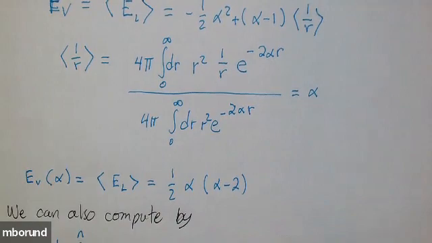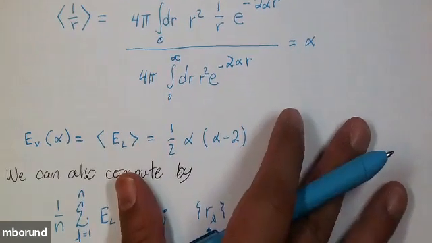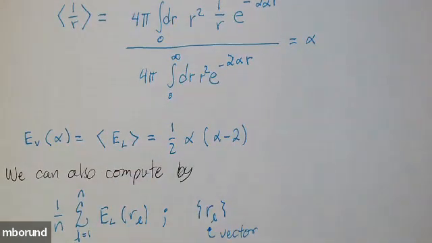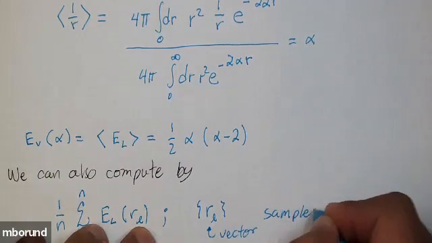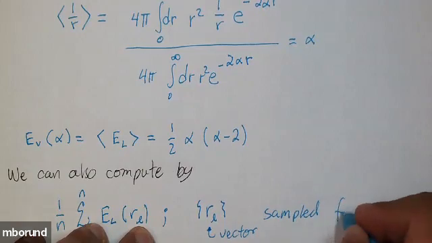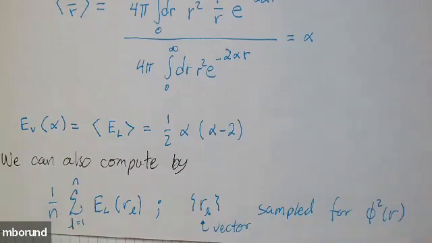This is the vector for the position of the hydrogen electron. And this is sampled from this wave function, phi of r squared.